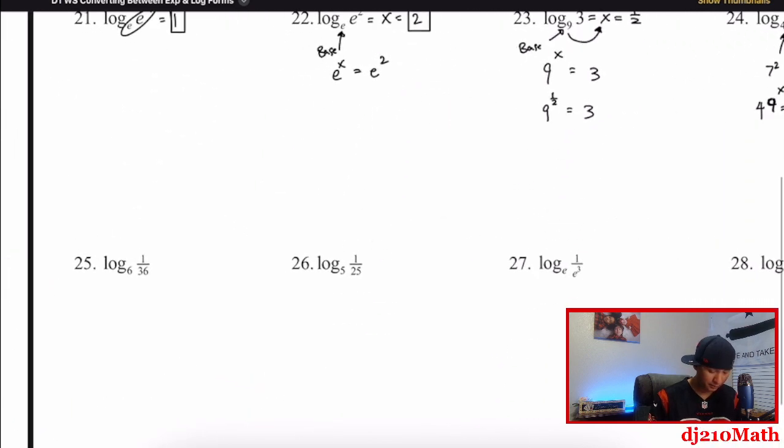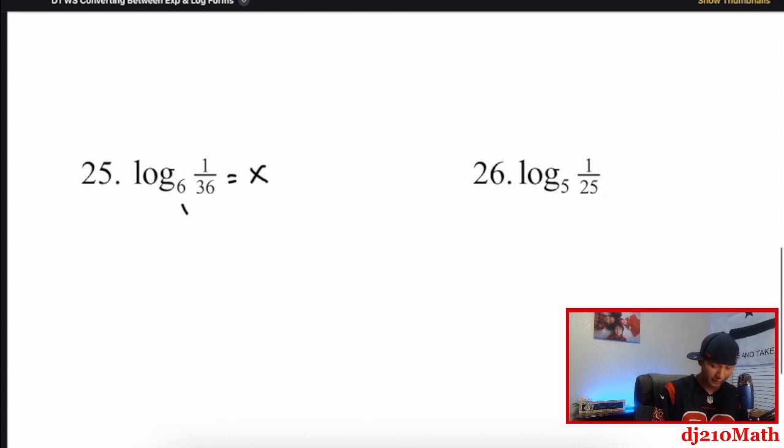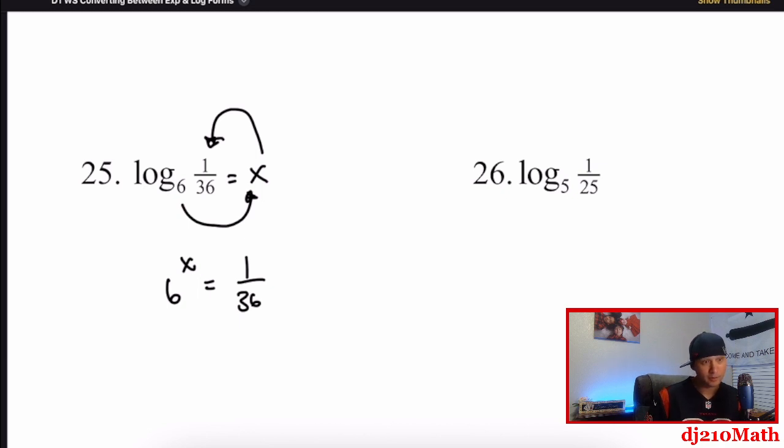We're almost done. Let's go. Okay. There's no trick on this one. Technically there is, but let's just work it out. So again, 6 raised to this equals this. So 6 to some power is equal to 1/36. What's this one?